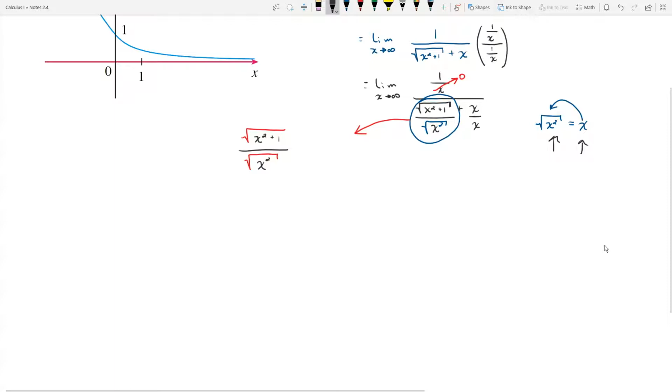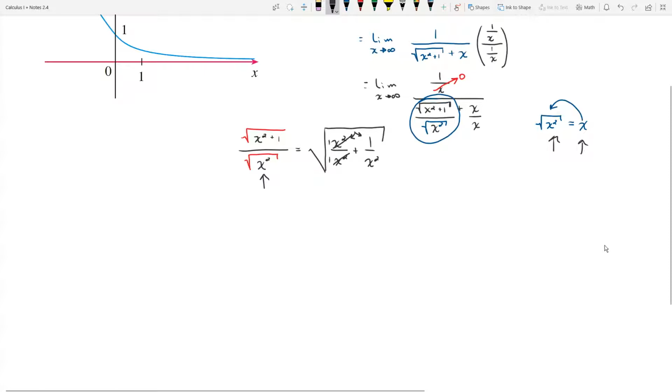But essentially, we can now say that it is x squared over x squared plus 1 over x squared under that square root. By making this a square root, we have allowed ourselves to split these into separate terms, which allows us to reduce this.